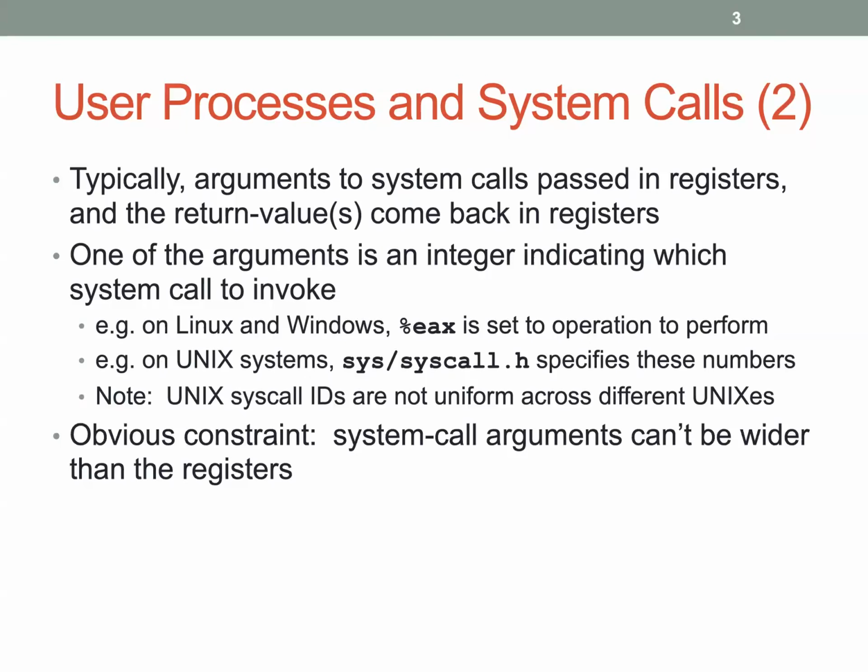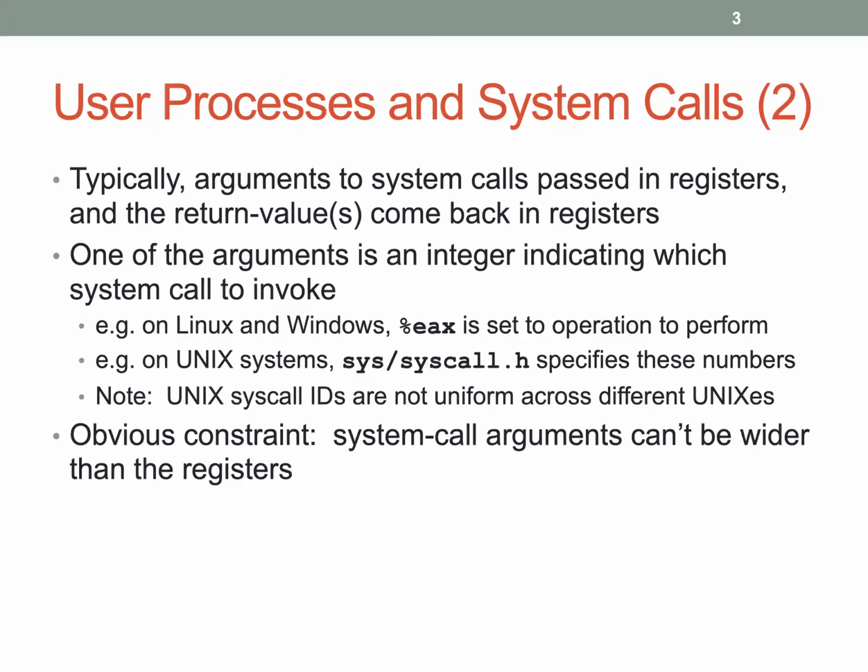Now, there is an obvious constraint from this, which is that the arguments that you pass to your system call functionality have to fit within a register. So if it's a byte, no problem. If it's let's say a short, a C short, so it's 2 bytes, then that would be fine too. On IA32, it would be a maximum of 4 bytes. If you have anything larger than that that you intend to pass, then you have to start being clever somehow.